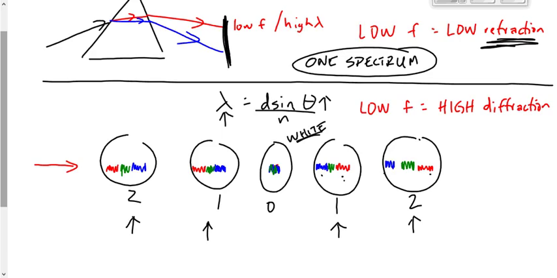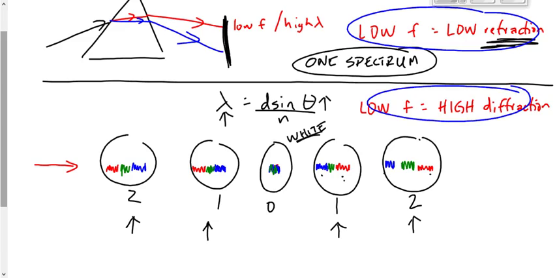Instead of Roy G. Biv, red, orange, yellow, green, blue, indigo, and violet, it's Dib G. Yor, violet, indigo, and so on. It's backwards. Why? Again, red light refracts the least, red light diffracts the most.